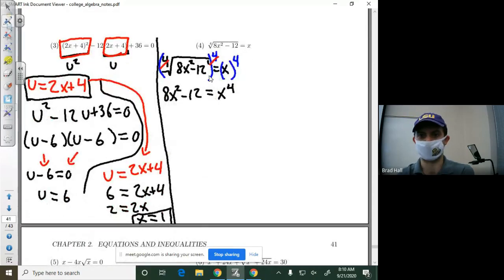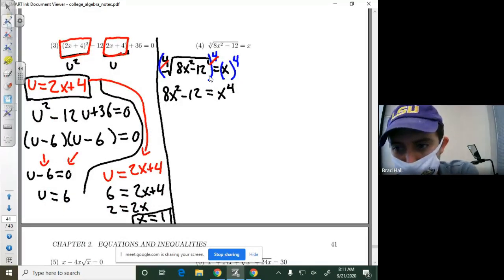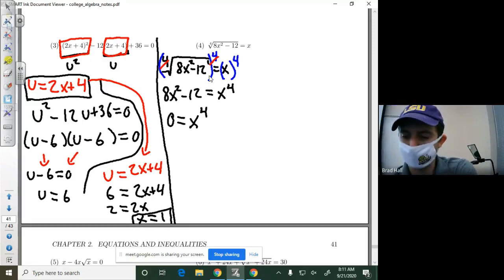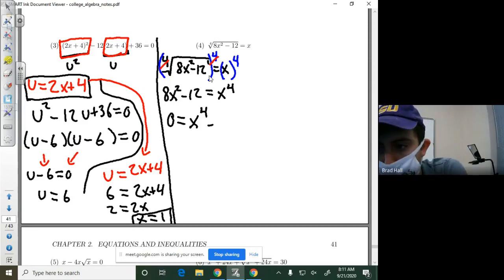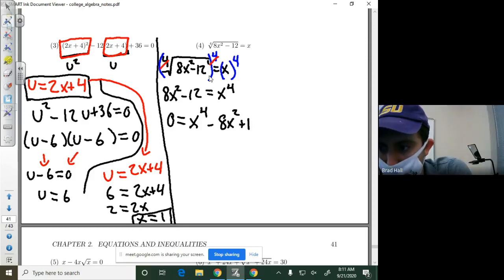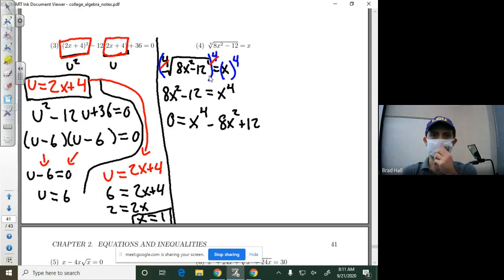Now we just have to facilitate it by moving everything over. So x to the 4th is already on the right, and we move 8x squared over there, making it negative 8x squared. We bump over the negative 12 and make that positive 12. Now we have that set equal to 0, which is really helpful moving forward.